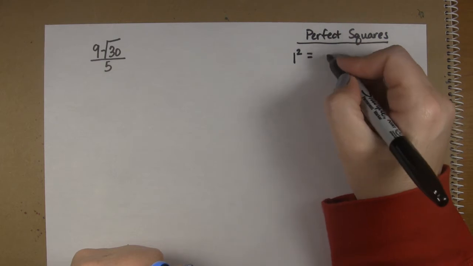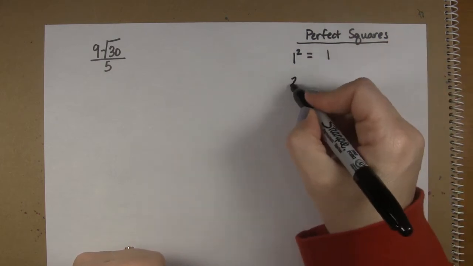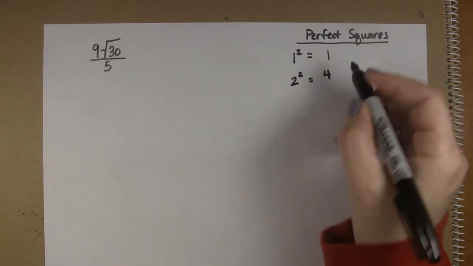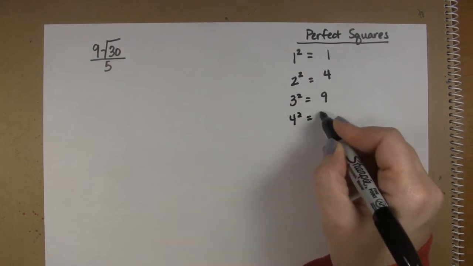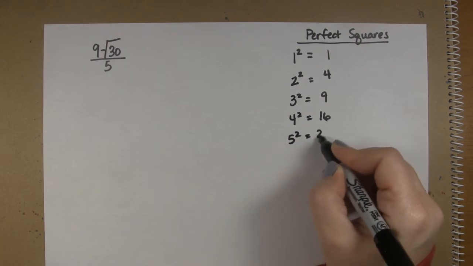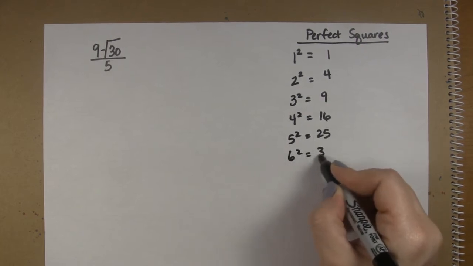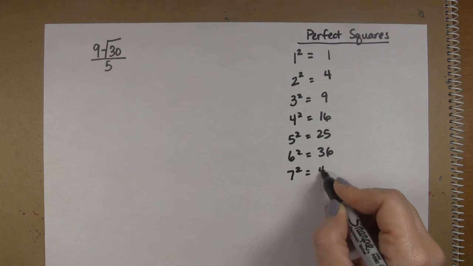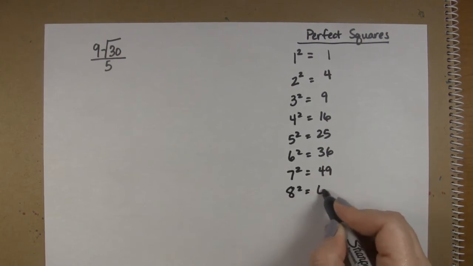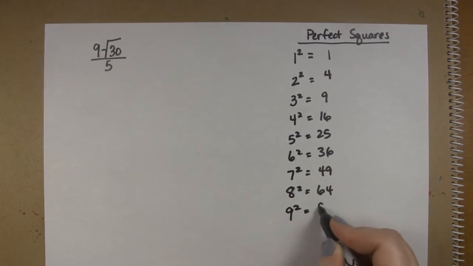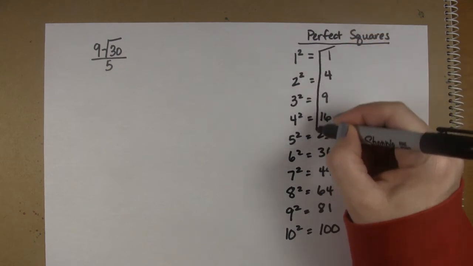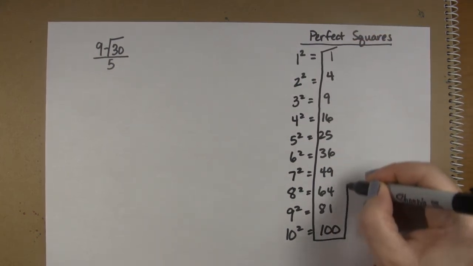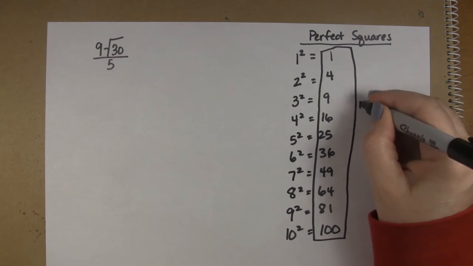So 1 squared equals 1, 2 squared equals 4, 3 squared equals 9, 4 squared equals 16, 5 squared is 25, 6 squared is 36, 7 squared is 49, 8 squared is 64, 9 squared is 81, and 10 squared is 100. That's enough for today. These right here on this side are called perfect squares.